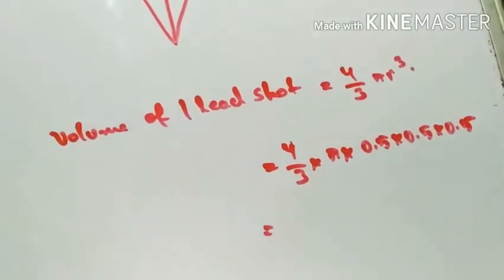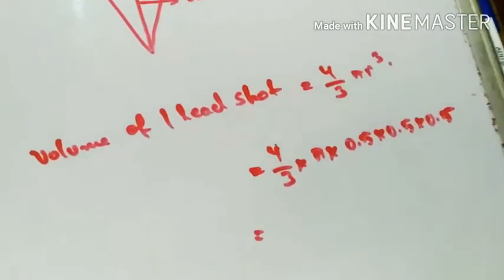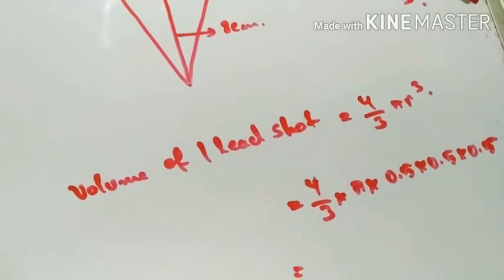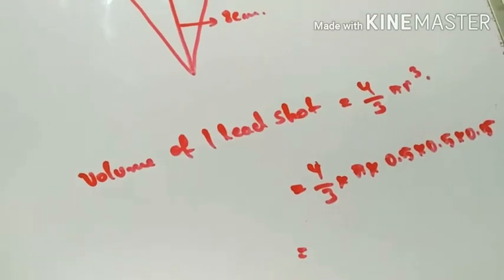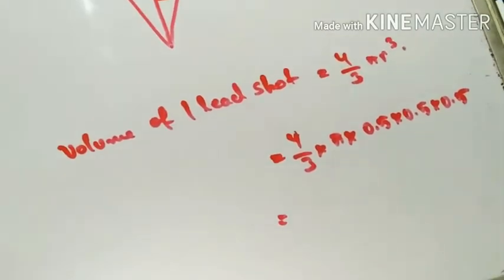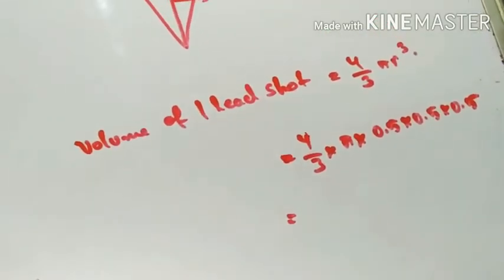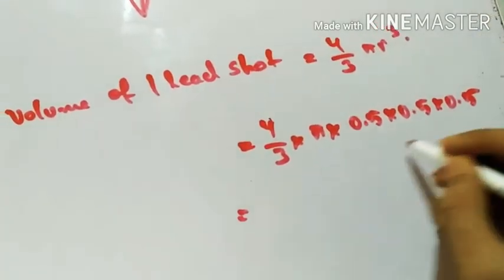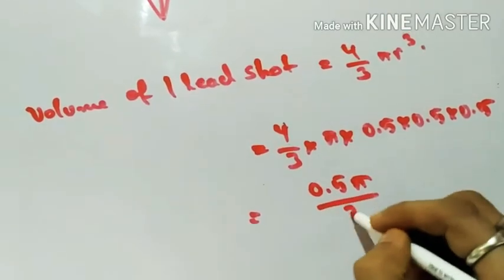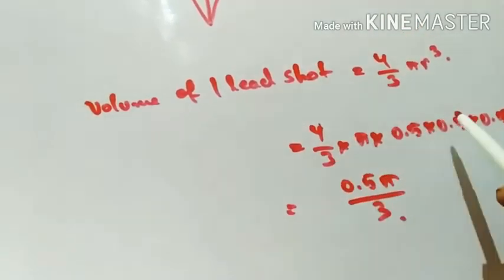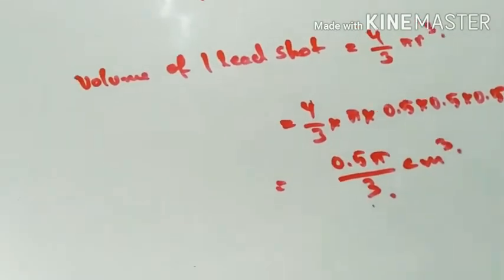Simplifying this whole thing, I will get 0.5 pi by 3. So the volume of each lead shot is 0.5 pi by 3 centimeter cube.